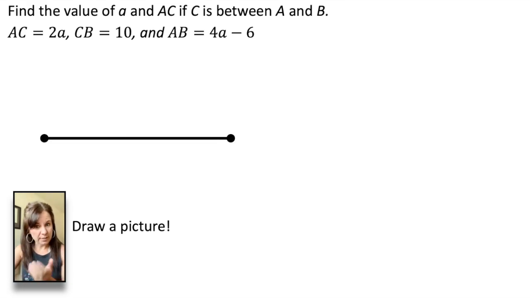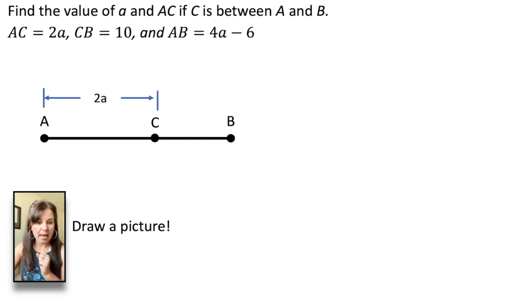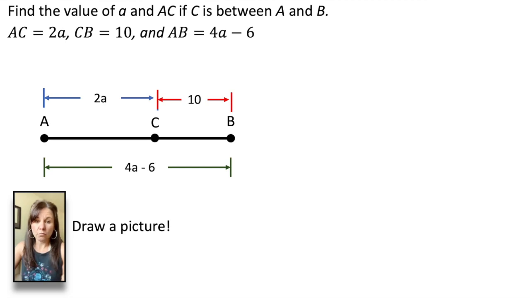We have a segment, A and B, and C is somewhere between A and B. Second line, we know that the measure of segment AC is 2A, CB is 10, and AB is 4A minus 6. Okay, so we've made sense of that alphabet soup. Now we can solve it.